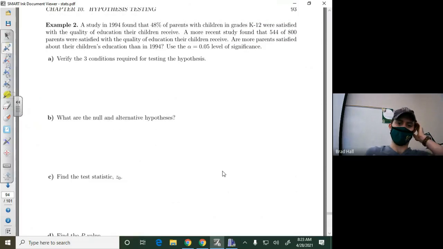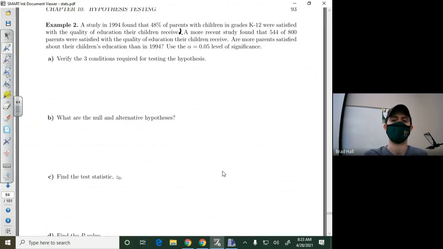So a study in 1994 found that 48% of parents with children in grade school were satisfied with the quality of education their child received. A more recent study found that 544 of 800 parents were satisfied with the quality of education their children receive.